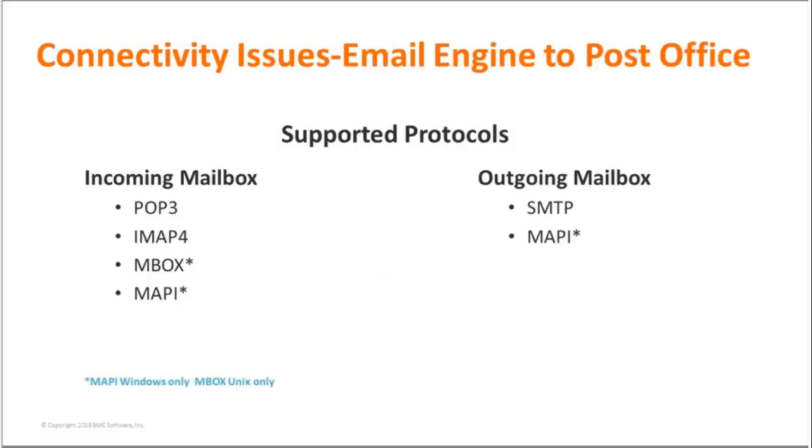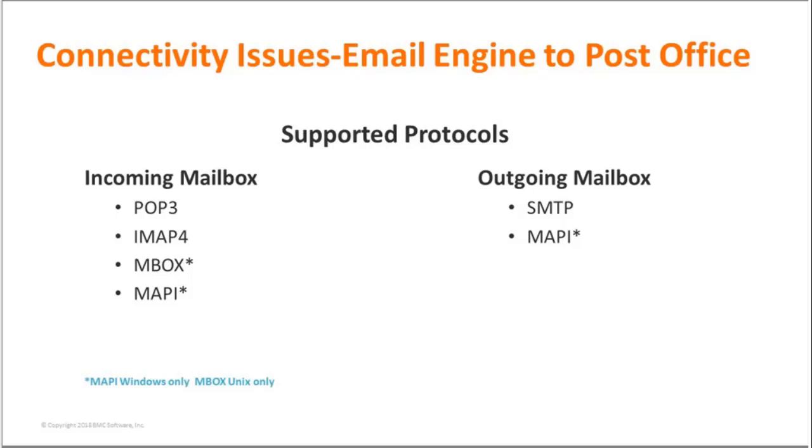You also want to confirm that you're using the correctly configured and allowed mail protocols for your environment. The mail protocols supported by the email engine are POP3, IMAP4, MBOX, and MAPI for incoming, followed by SMTP and MAPI for outgoing. As noted here, MAPI is Windows only and does require the 32-bit Java. If you'll be using MAPI, make sure that you selected the 32-bit Java for MAPI options when you installed the AR server.